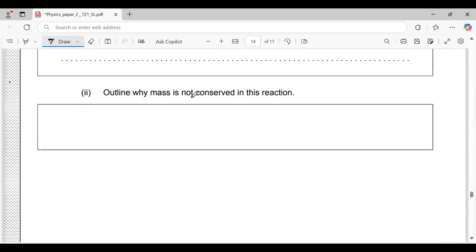Outline why mass is not conserved in this reaction.